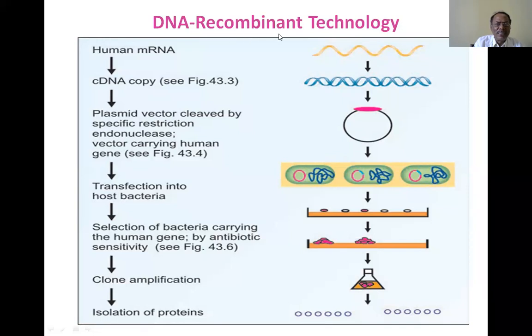Because when DNA material from two different organisms, say a human gene and E. coli DNA, are joined together, that is recombination. Two different species' DNA materials joining together is called recombinant DNA.